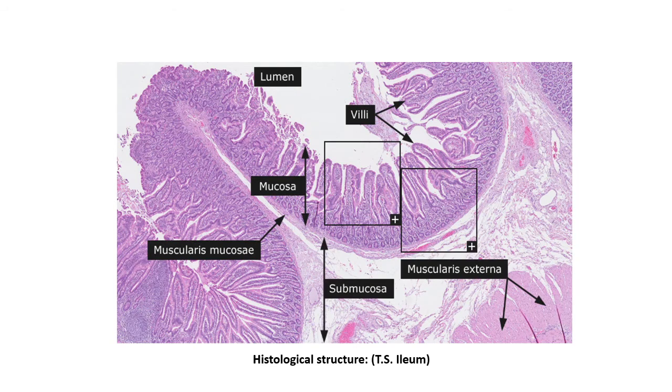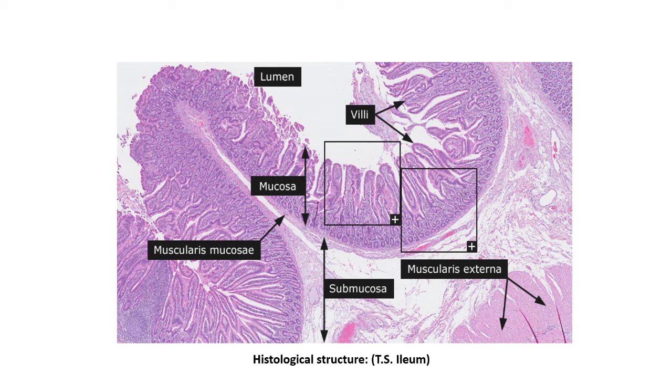So this slide shows a transverse section of ileum, showing 4 distinct layers, that is mucosa, submucosa, muscularis and serosa.